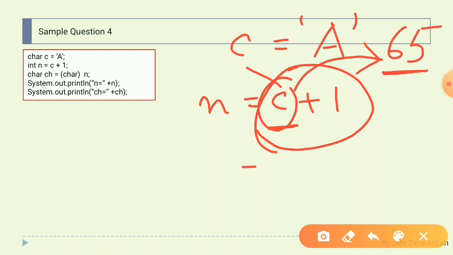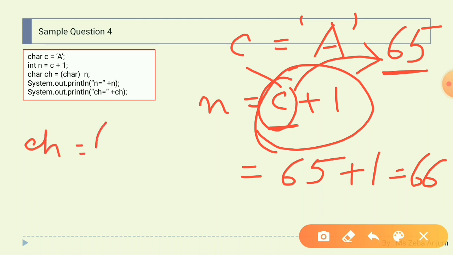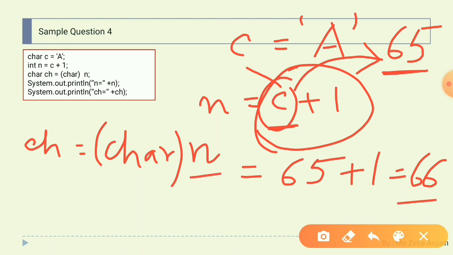So over here you will get 65 plus 1, and it becomes 66. Yes, now see the third line we have ch equals (char) n. The value of n is what? The value of n is 66, and now this 66 is again being converted into a character, and the appropriate character for this ASCII value is B.